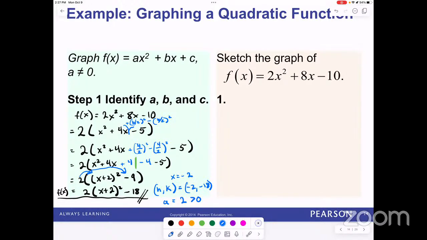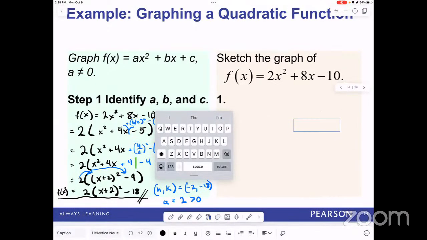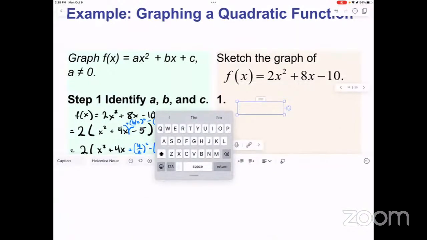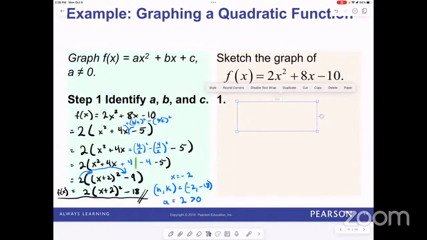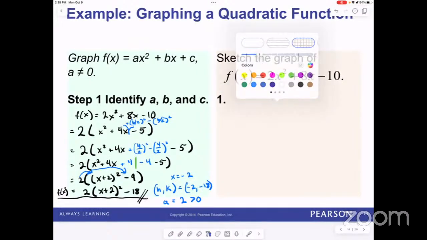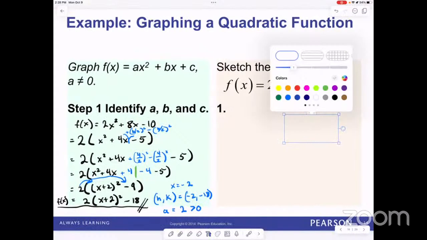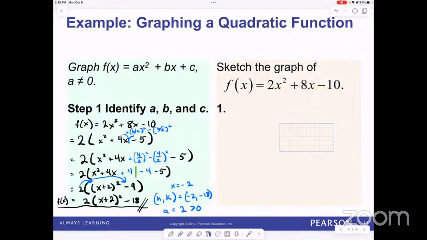So I'm just going to do some graph paper again. I definitely hit space. Maybe I didn't. Paper. So I think we're focused on quadrant 3.